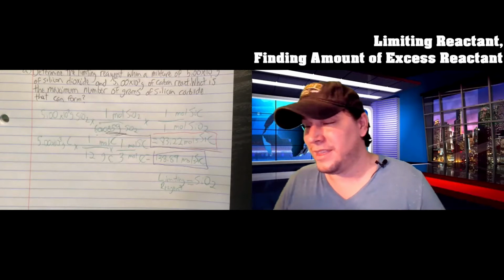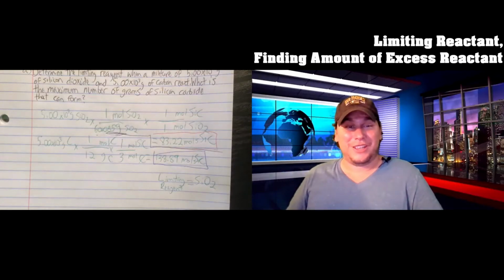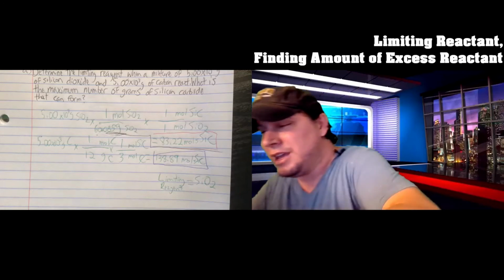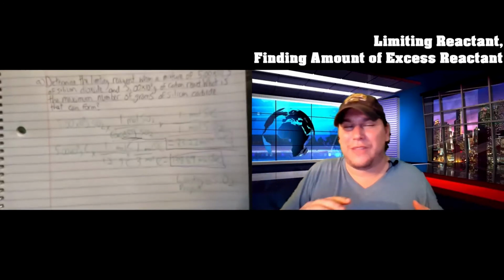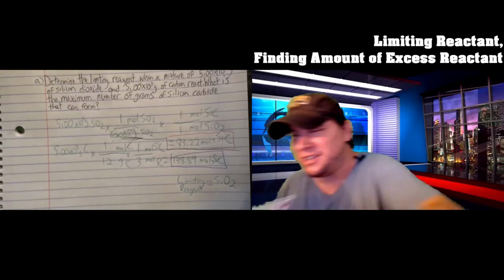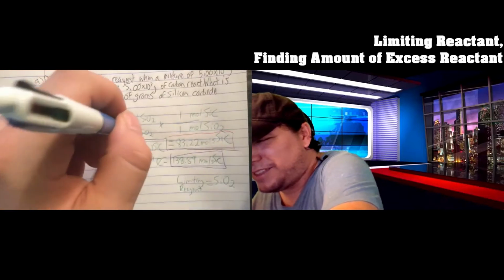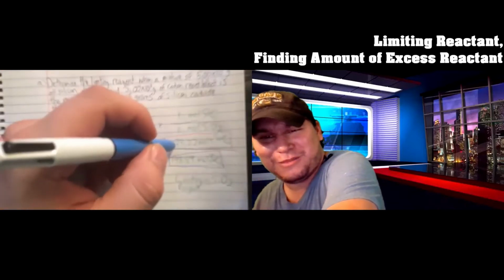Okay. So now that we know which of these is the limiting reagent, let's convert those moles SiC to grams, because that's what the question's asking for. How many grams can be formed maximum? So you don't have to round that problem yet. You could have just taken the dimensional analysis here, this divided by that, and that gave us 83.22.